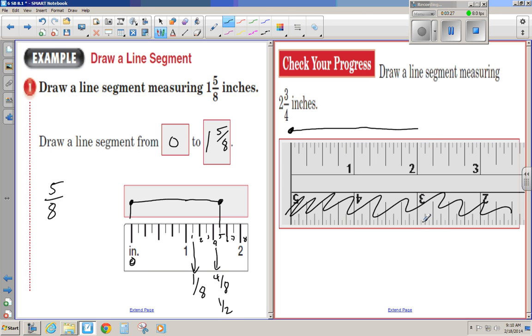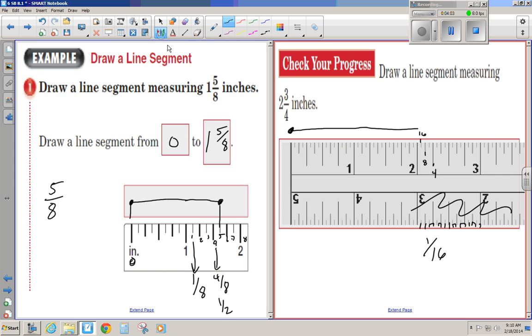Well, each of these lines, here's 1, 2, 3, 4, 5, 6, 7, 8, 9, 10, 11, 12, 13, 14, 15, 16. Each line is now 1/16. So this is a 16th, which would make this one here an 8th, and this one a 4th.